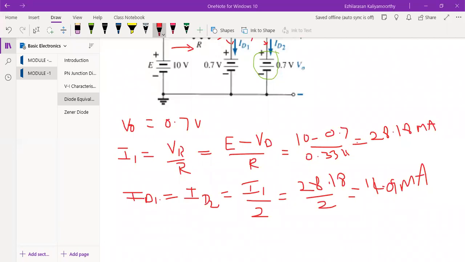So by placing two in parallel, we limit the current to the value of 14.09 milliampere with the same terminal voltage. So we have to have the same voltage. This is what we get if we're connecting diodes in parallel. I hope you might have understood how you have to do it.